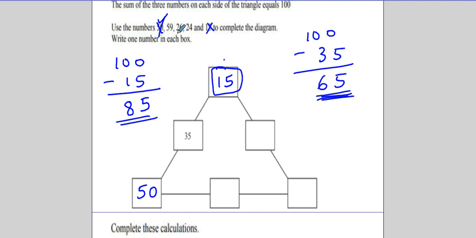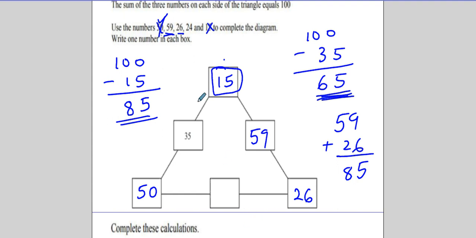Let me check. 59 and 26, yes. 59 plus 26 should give me 85. So here I can put 59, and here I should put 26.